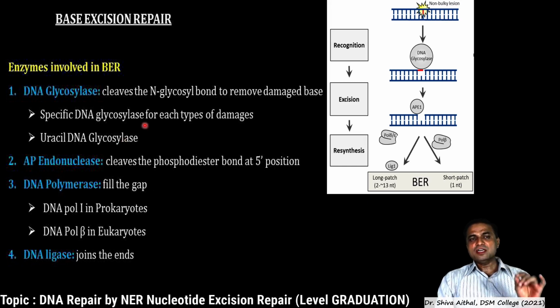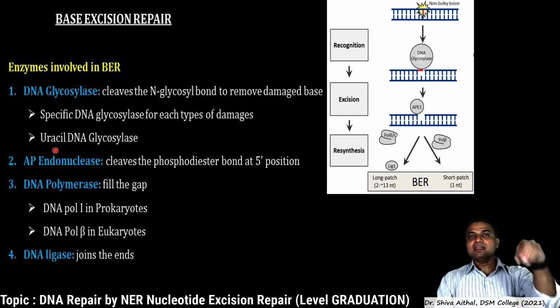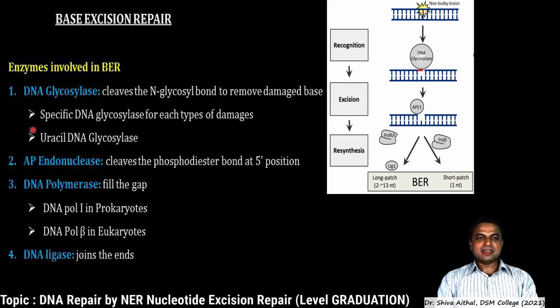There are specific DNA glycosylases for each type of damage, meaning uracil glycosylase, adenine glycosylase, thymine glycosylase may be there in different types of organisms. Uracil DNA glycosylase is very common because uracil is the abnormal base there. Adenine, thymine, guanine, cytosine may not be abnormal, as uracil is in a DNA. So uracil DNA glycosylase has major significance in repair by the base excision repair system.